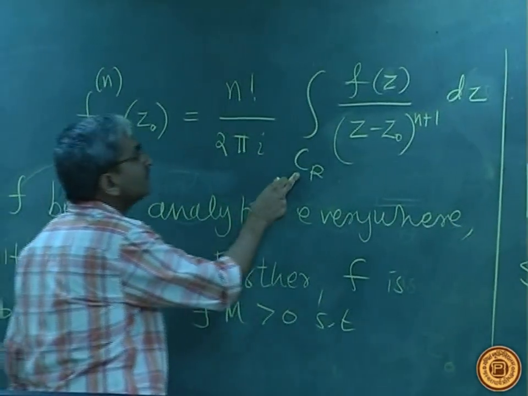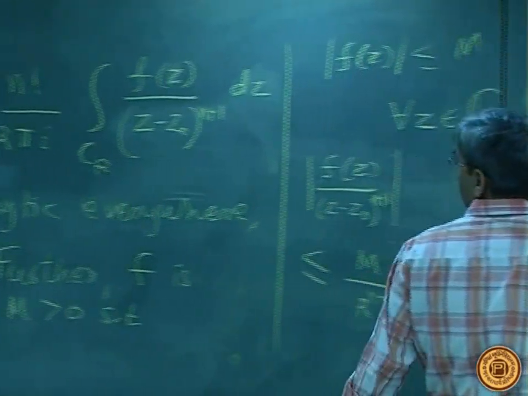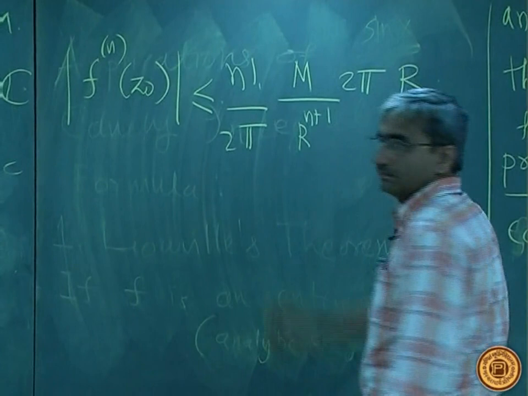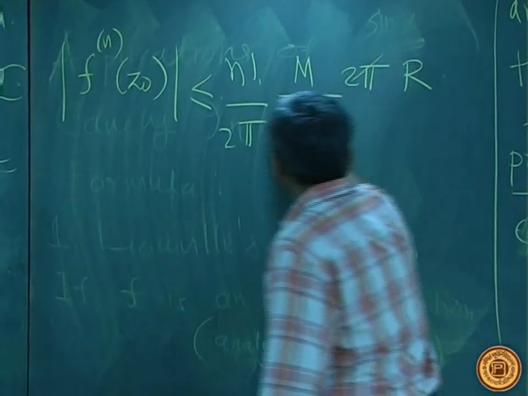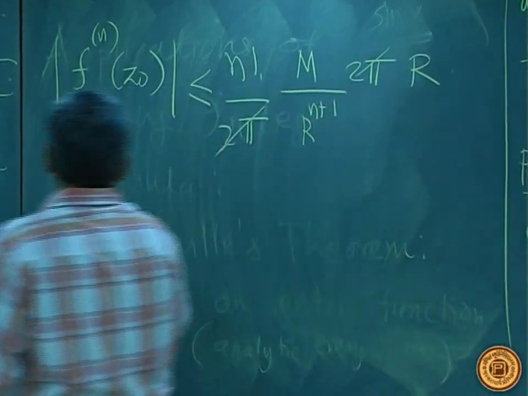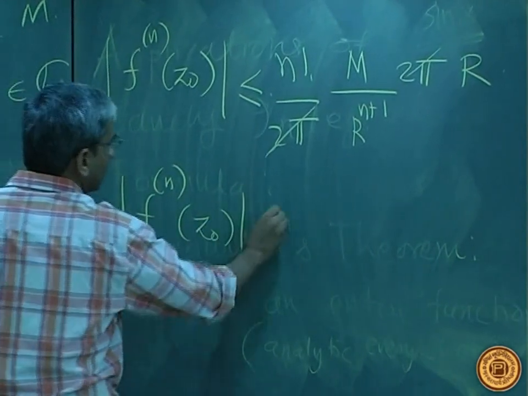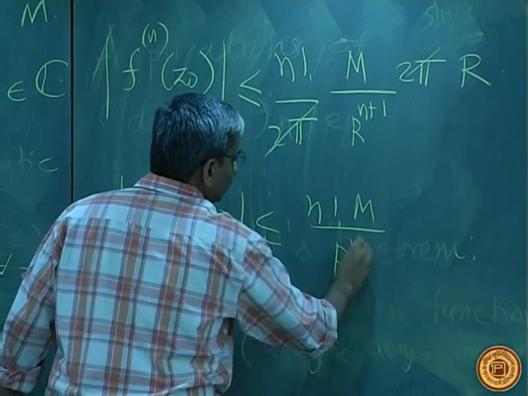The length of CR is 2 pi r, since this is a circle. So this 2 pi gets cancelled, and r upon r raised to n plus 1 is r raised to n. So the mod of the nth derivative at z0 is less than or equal to n factorial M upon r raised to n.